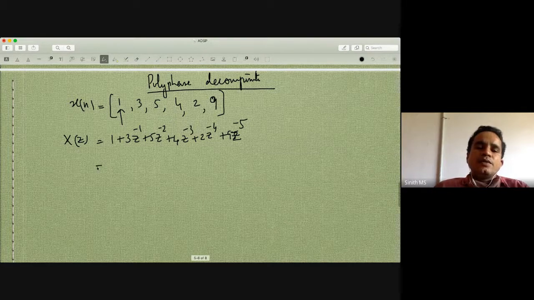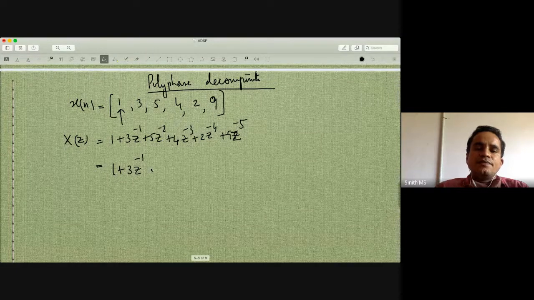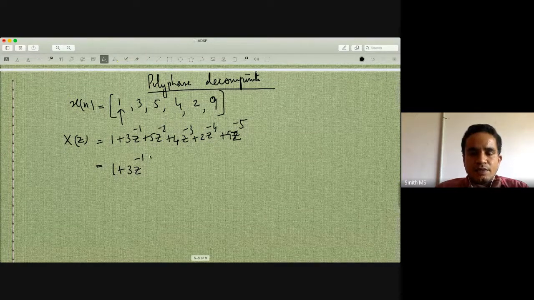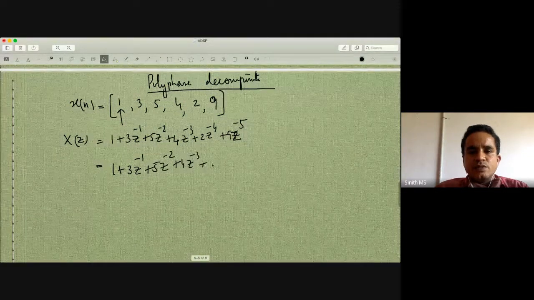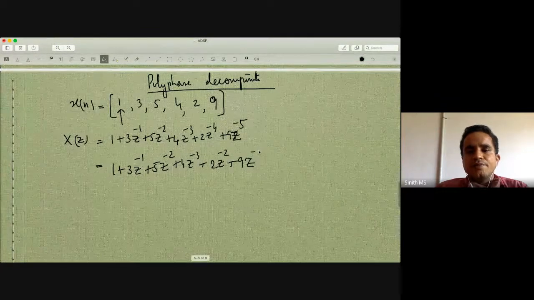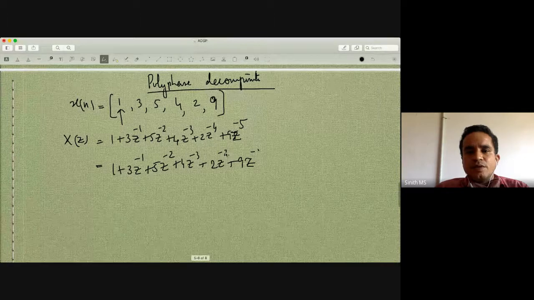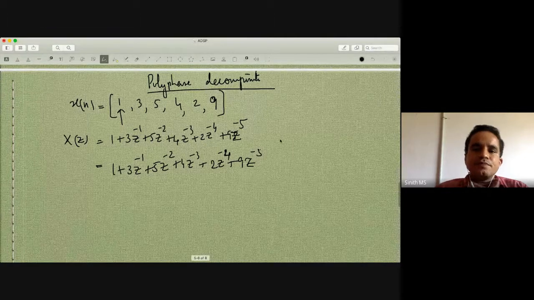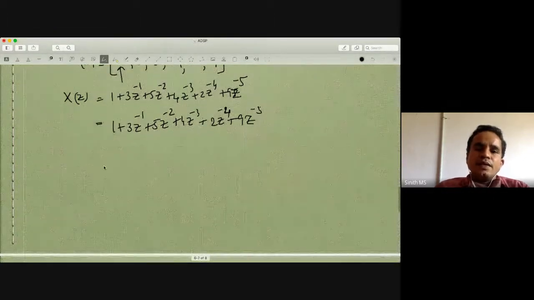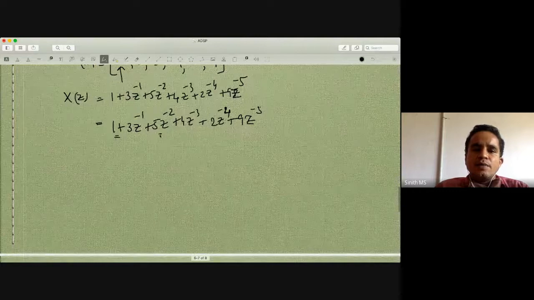Now let us rewrite this: 1 plus 3z inverse plus 5z raised to minus 2 plus 4z raised to minus 3 plus 2z raised to minus 4 plus 9z raised to minus 5. Let us take the odd and even parts apart.